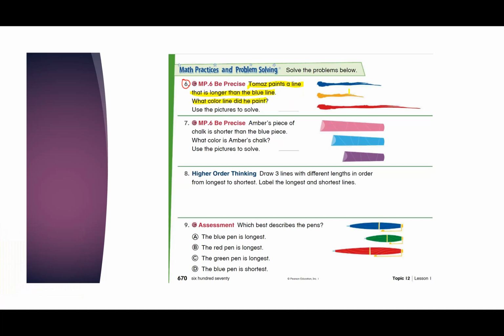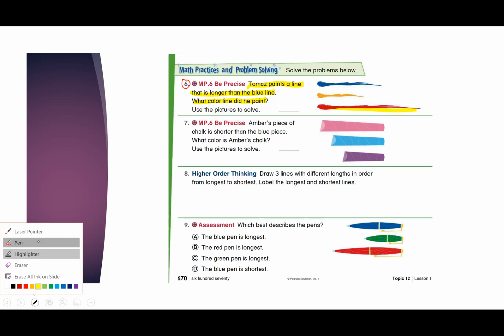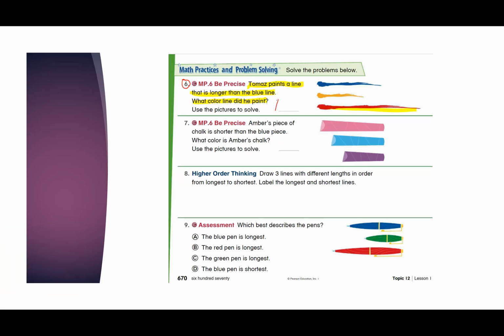Can you tell me which line from these 3 is longer than the blue line? And you have to compare only 2 colors. Orange is longer than blue? No. Red is longer than the blue. You got it now how to do it, right? So here you can write red. The red color paint is longer than the blue one.